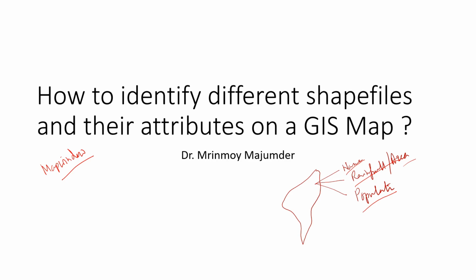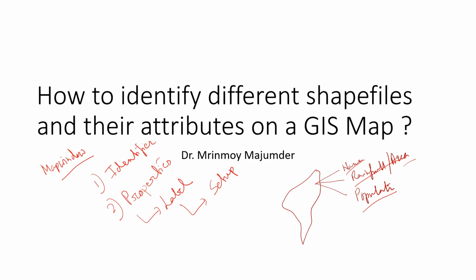So what are these three procedures by which we can identify the information stored in the attribute tables of the shapefile? First is by using the Identifier tool. Second is by right clicking on the shapefile and selecting the properties menu, and from the properties to the label menu, and from label to the setup button.